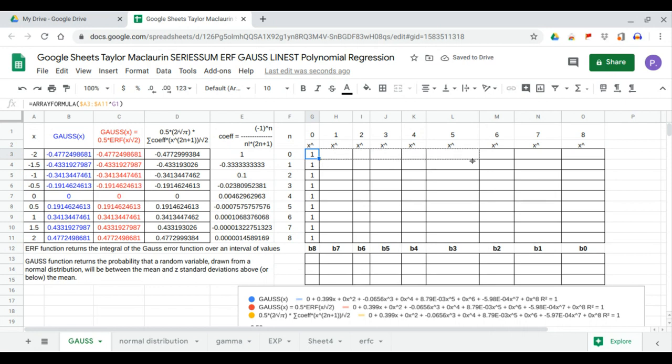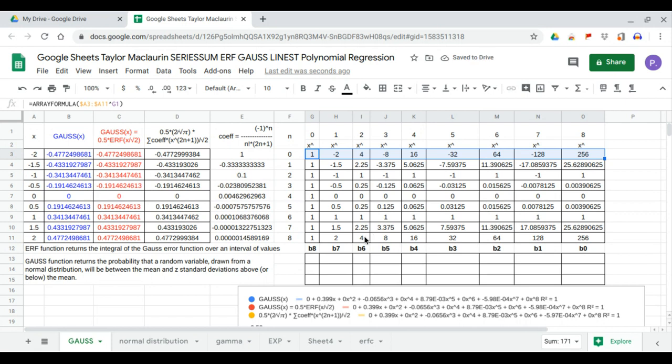Now that we have the 1 comma x matrix, we can now use LINEST to calculate the regression coefficients of this. So begin with the Gauss function.